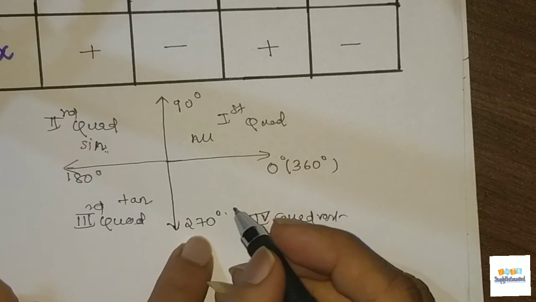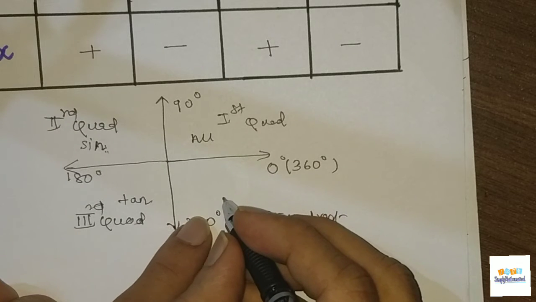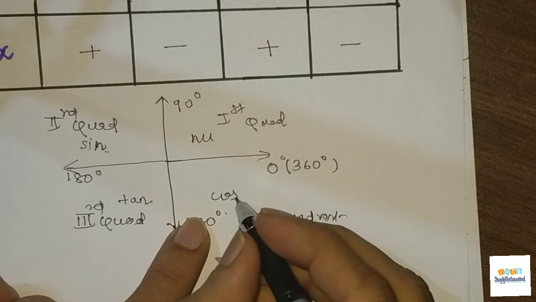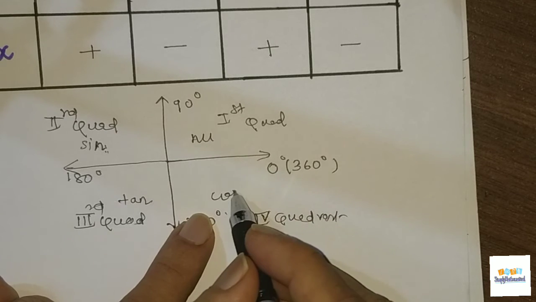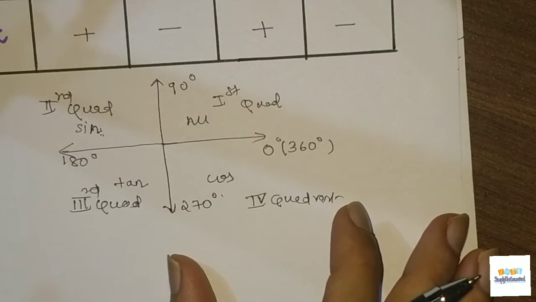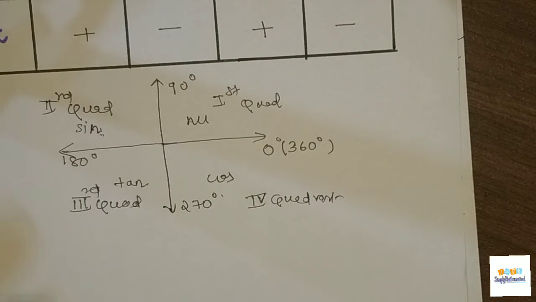And cot will be negative because tan is negative. So here only cos and sec are positive, but I'm only writing cos here, because sec you can directly get by using the formula. You can easily get it.